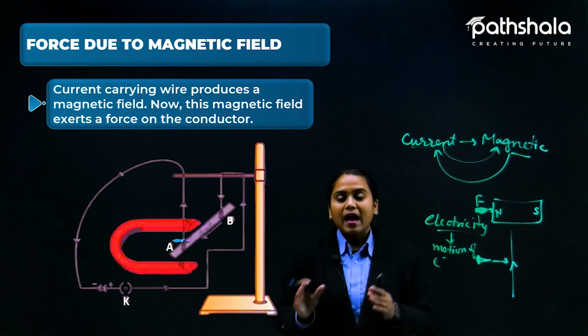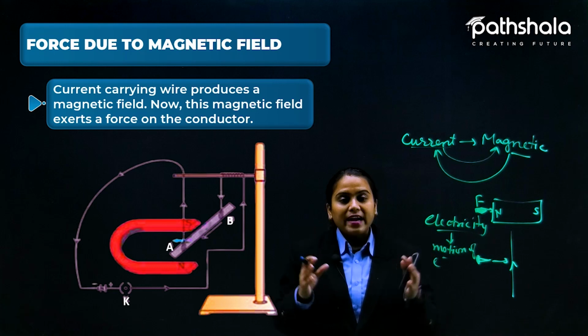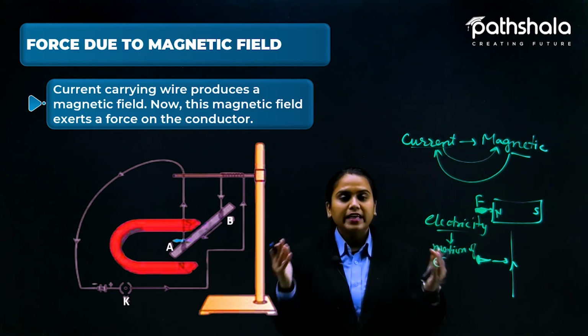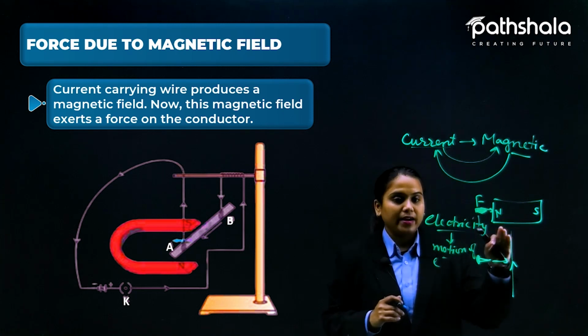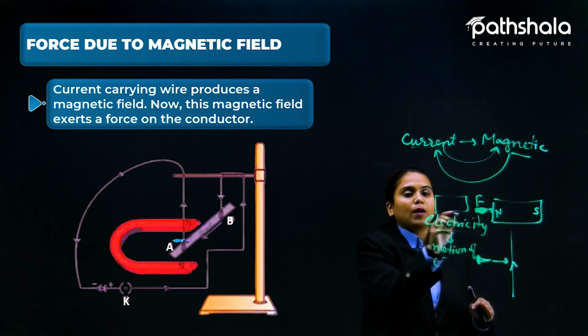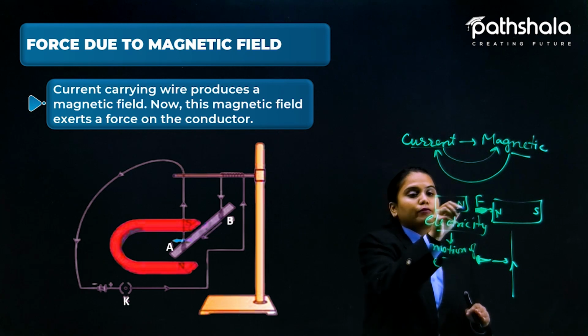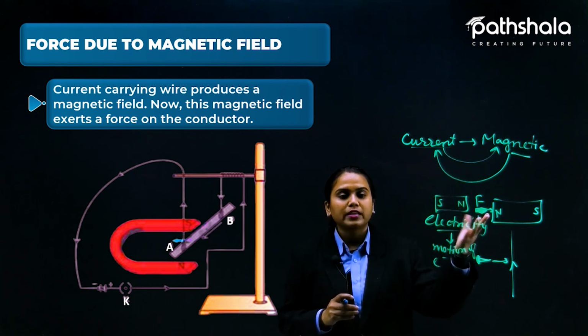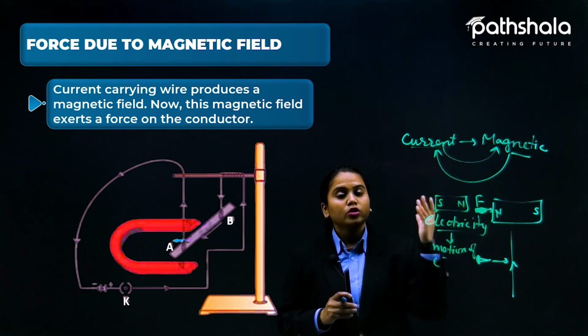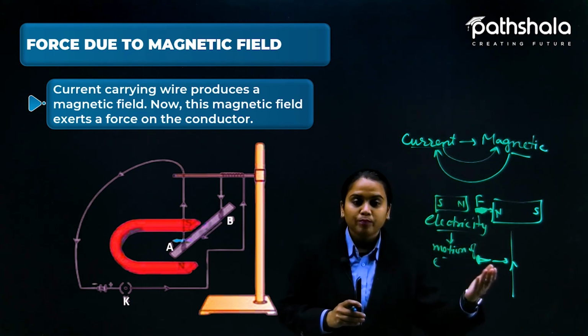Now magnet and magnet together will provide a certain force on each other, right? Like if I have a simple bar magnet, and one more bar magnet here, if we see the faces of these magnets, north and north are alike, so they will repel each other accordingly.